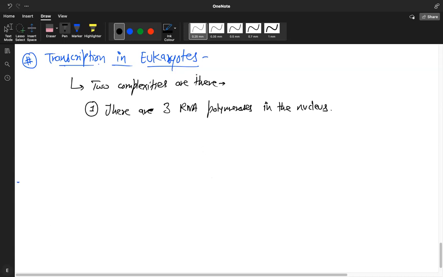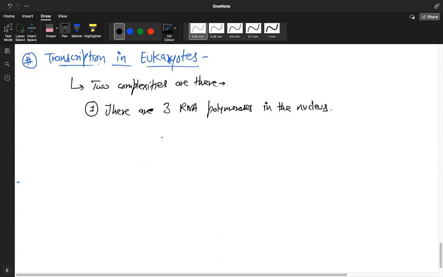That's why in eukaryotes, I am telling you about RNA polymerases in the nucleus, because that is what we are going to study in detail. We cannot discuss all the RNA polymerases, but at least the three which are present in the nucleus. That's why I use the word nucleus, because you might be thinking that apart from the nucleus, can we have RNA polymerases somewhere else? Yes, we can have RNA polymerases in mitochondria and in plastids because there is DNA which is waiting to be transcribed.